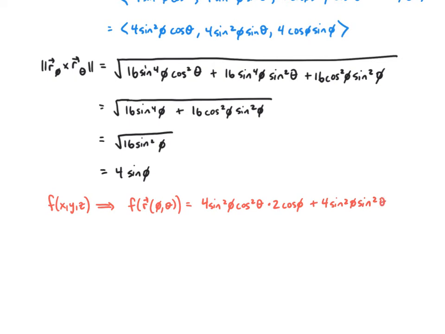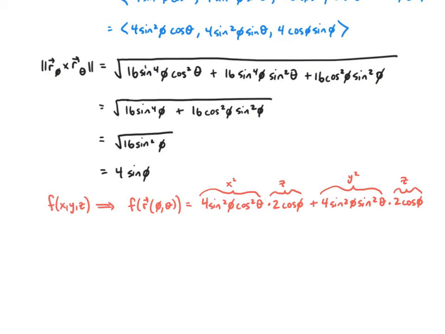That would be y squared, and then we have times z again, so times 2 cosine phi. So again, this is x squared, this is z, this is y squared, and that one is z again. We're just taking our function of x, y, and z and changing it into the parameters we've set forth.